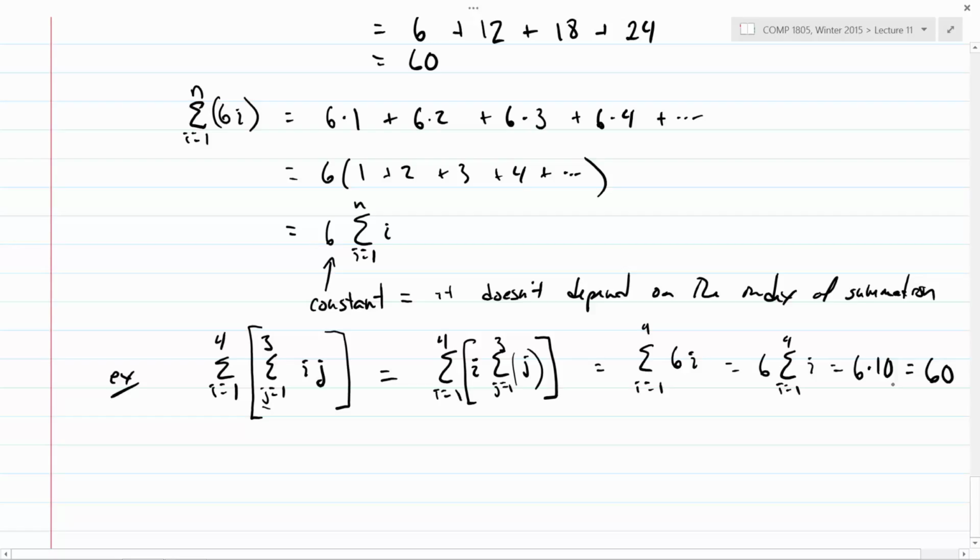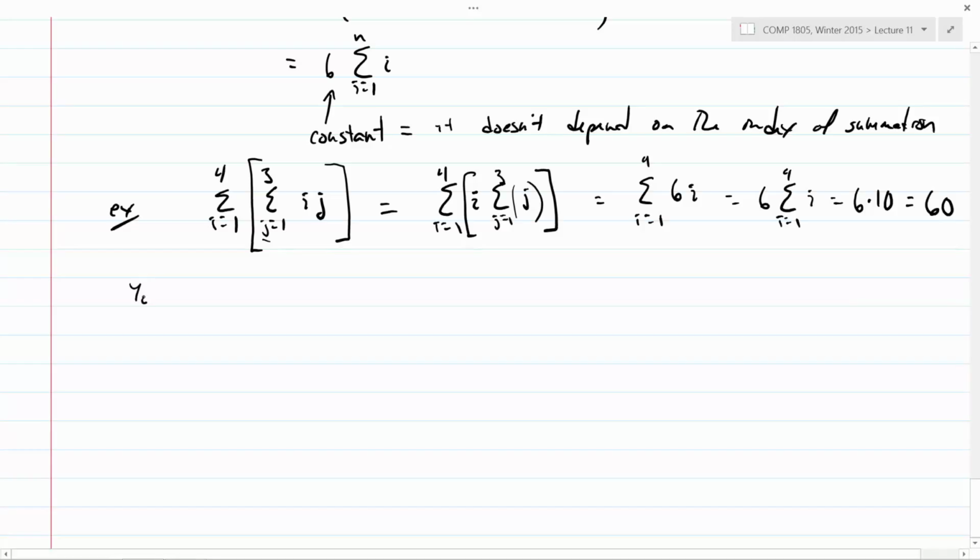So splitting is another technique that you can use to make sums simpler. You can split over addition. So you factor over multiplication, you split over addition.